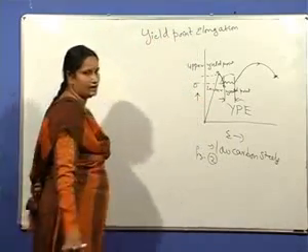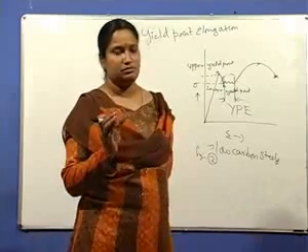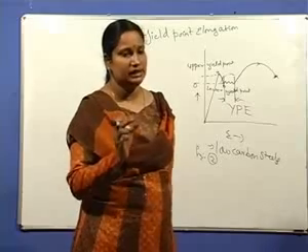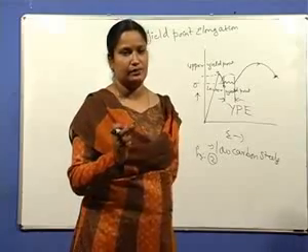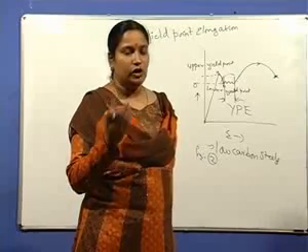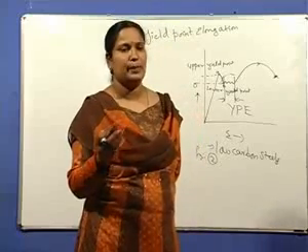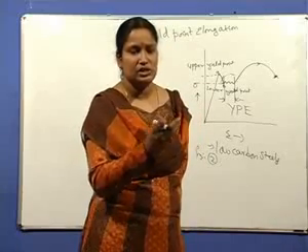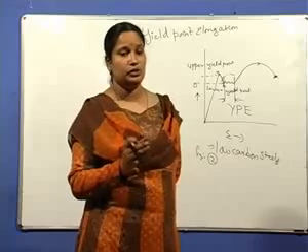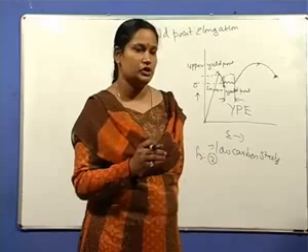If the solute atom is slightly larger than the host atom, that is the solvent atom, then in order to reduce the strains and the total energy, these solute atoms migrate towards the dislocation core.